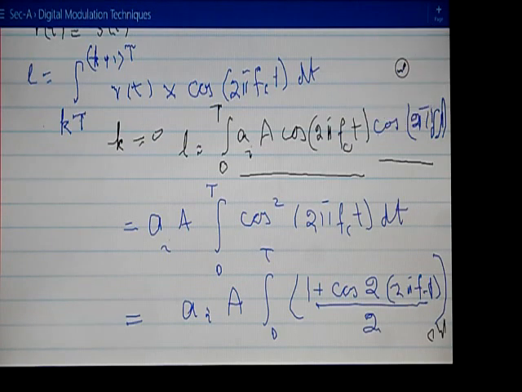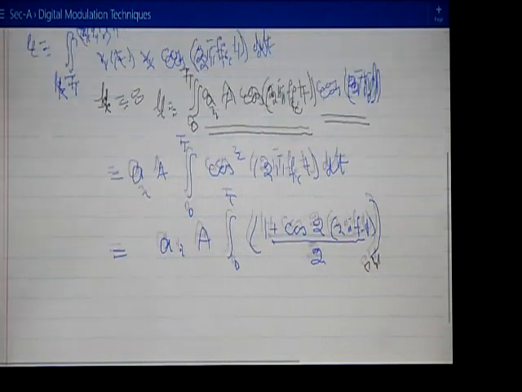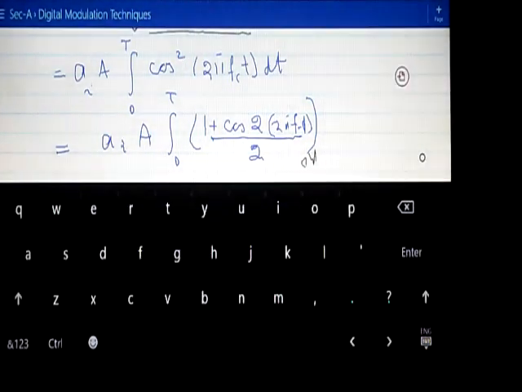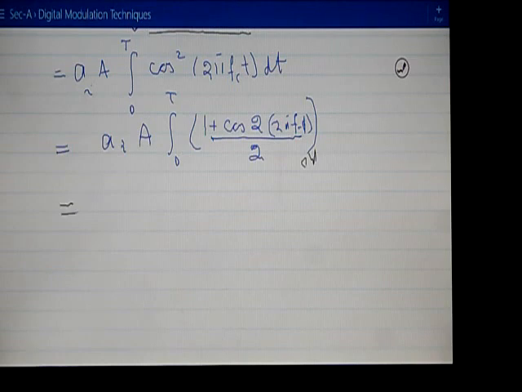So this integral can be written as a sub I A T over 2. Now this is the output of the integrator.